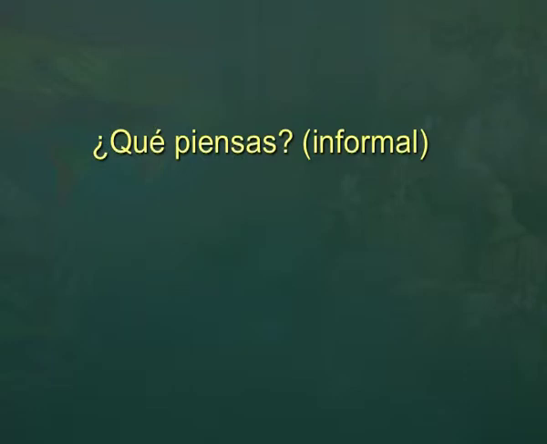And you have ¿qué piensas? Again for informal, tú, it means what do you think? How to ask it in a formal conversation? Yes, it is ¿qué piensa usted? If we want to ask about something specific, we add de.